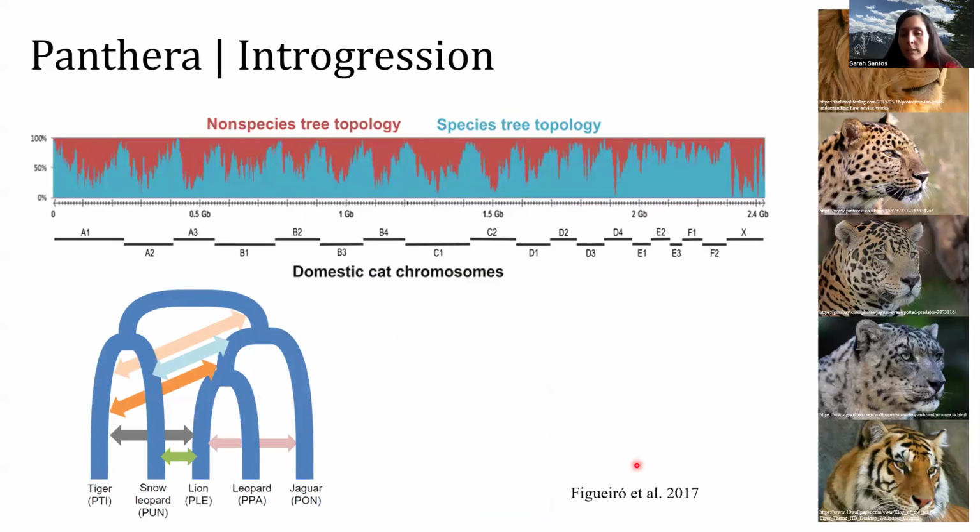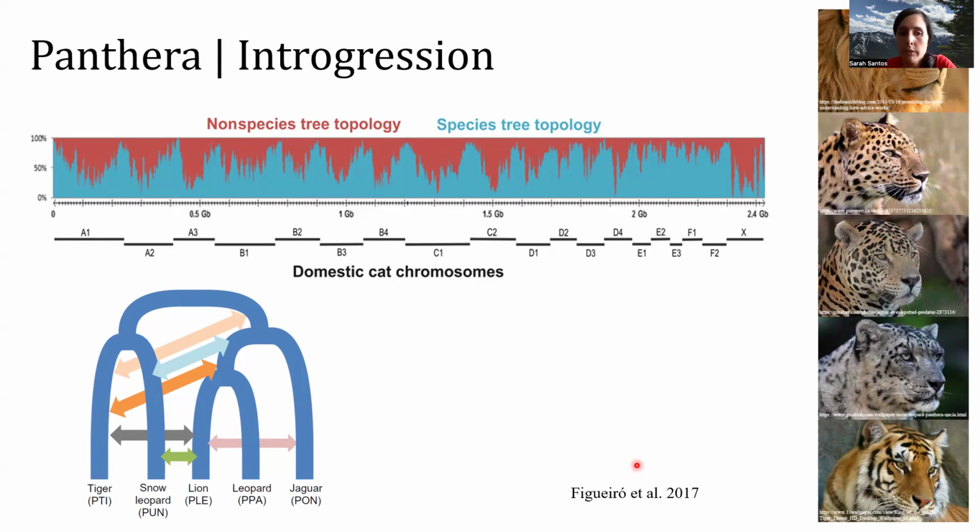But when we analyze the whole genome, partitioning it into smaller pieces, we often observe that what we call the species tree was placed in higher recombination rates, whereas the non-species tree topologies were placed in lower recombination rates. But because the majority of the genome represents lions and leopards as sister clades, we thought that was the species tree.